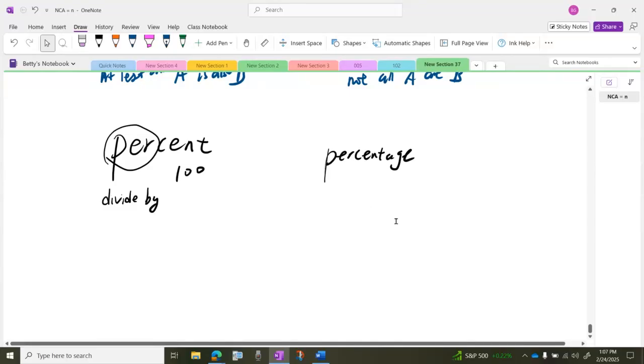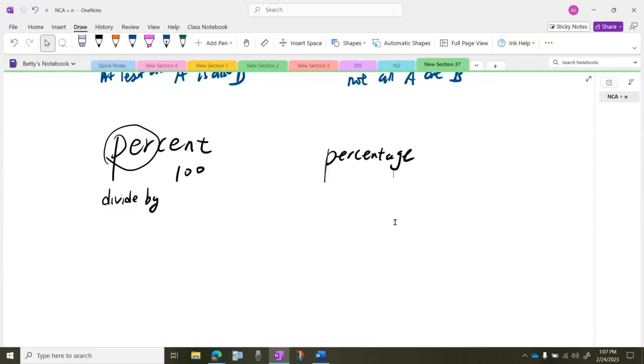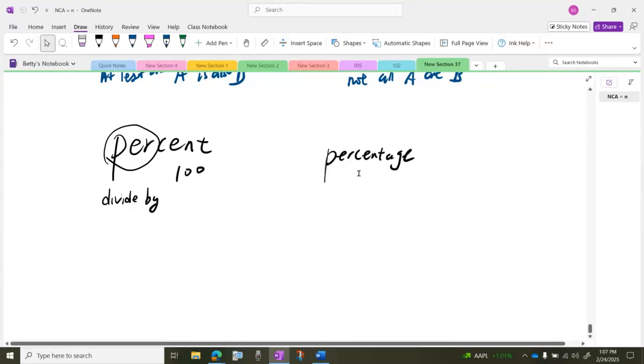What's the percentage of the subjects in the survey that they trust in the government? So when we talk about percentage, we do not need a number in front of it. But when we talk about percent, it always goes with a number in front of it. 40%, 90%, 100%, right? So that's the difference between the two words.